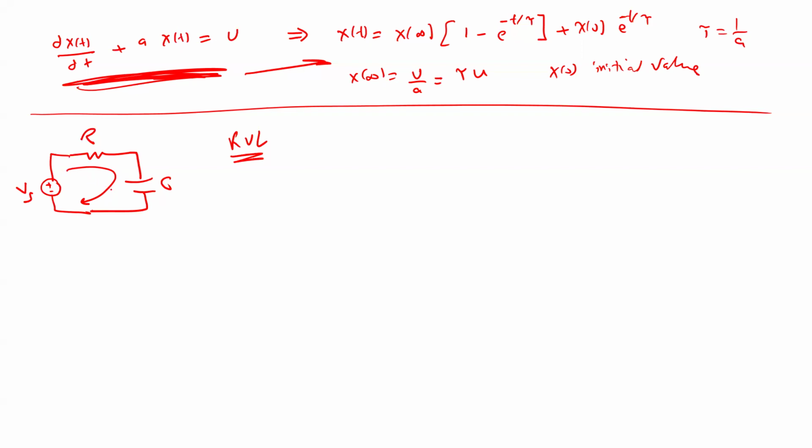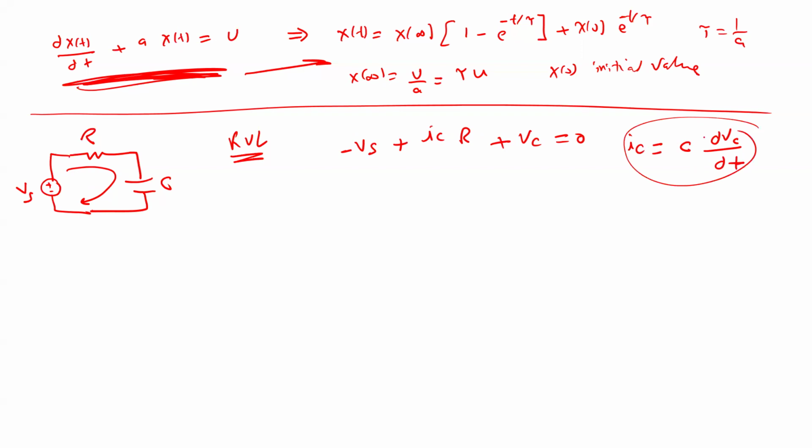So if you're using R and C this way, and you take Kirchhoff voltage law, it should be minus Vs plus ICR plus Vc equal to 0. And we already know that IC should equal C dVc by dt. So I already know we have differentiation here.